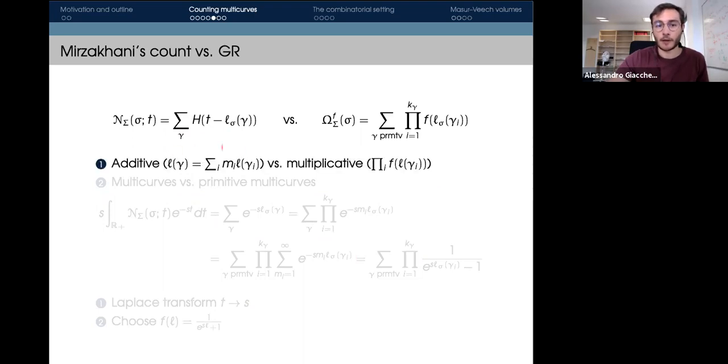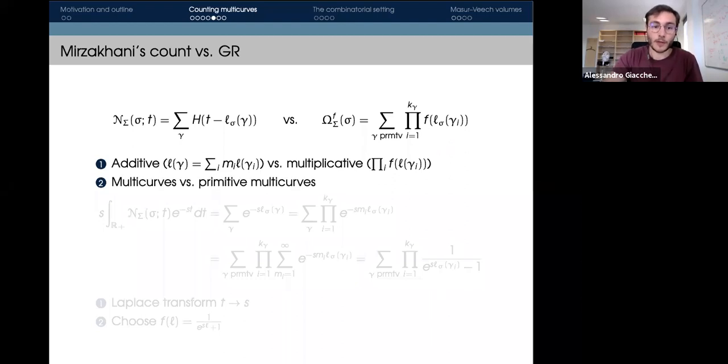The first one is that the left-hand side treats the length of this multicurve in an additive way, because here the length is appearing as a sum of the components, while on the right-hand side I take the product of f evaluated at the length of these components.